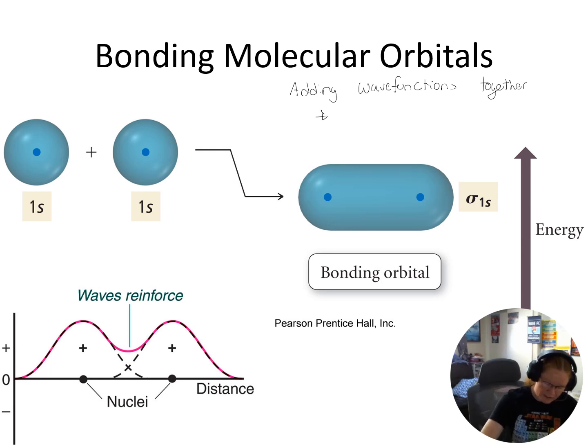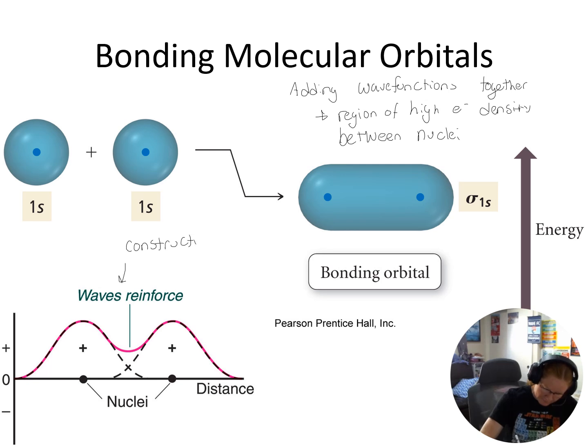And so we get a region of high electron density between nuclei. So this is constructive interference.